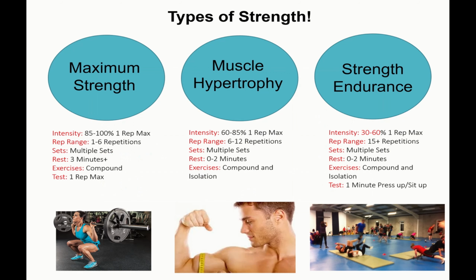So what some of the researchers really elucidated is that we don't need to train between 6 and 12 repetitions and specifically between 60 and 85% of our 1 rep max if we want a hypertrophic response. If we do 5 reps of a particular exercise, that doesn't mean that we're going to miss out on hypertrophy. And by the same token, if we're doing 13, 14, 15 reps, that all of a sudden we've skipped onto strength endurance.